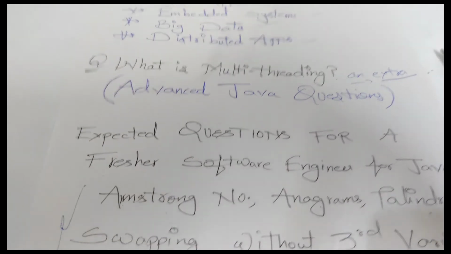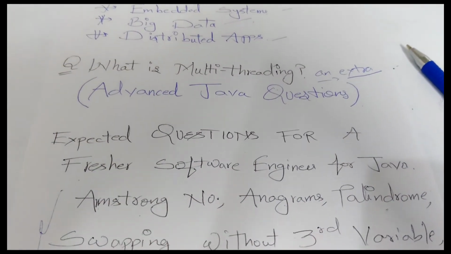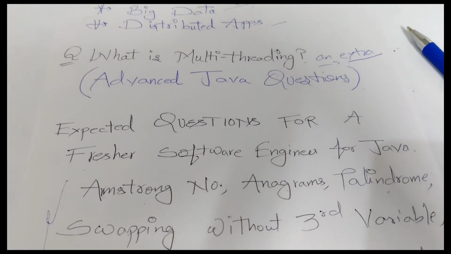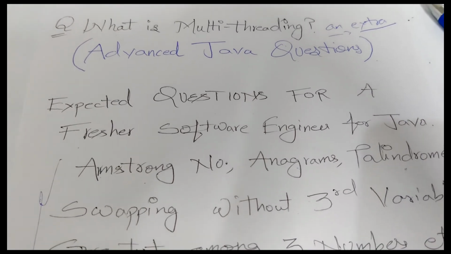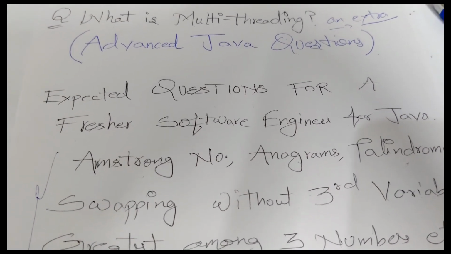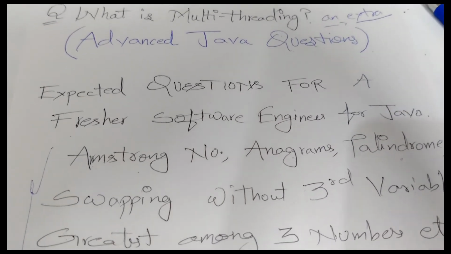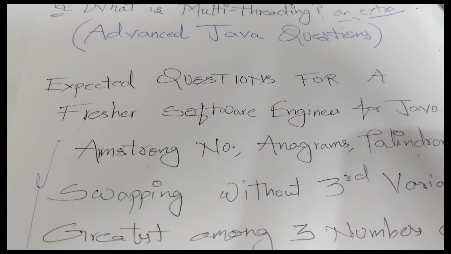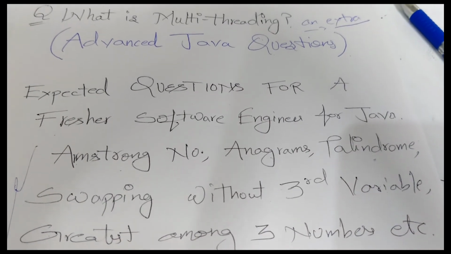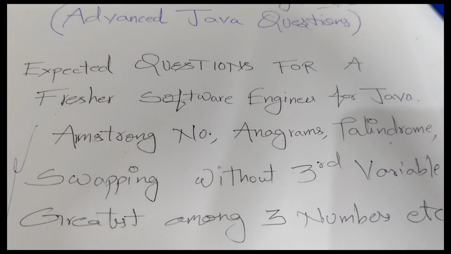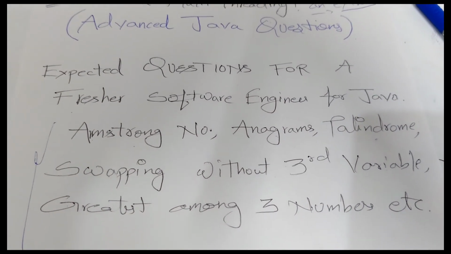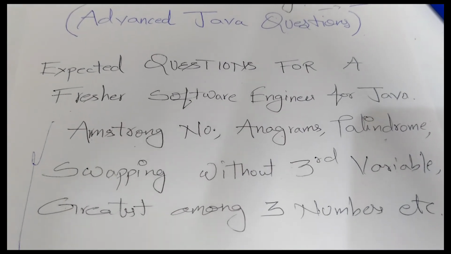Now I have written a few expected questions, if you are going for a Java interview as a fresher or overall a software engineer interview right after your bachelor's degree in computer science. So you may have Armstrong number, anagrams, palindrome number, swapping without using a third variable, greatest among three in an array.